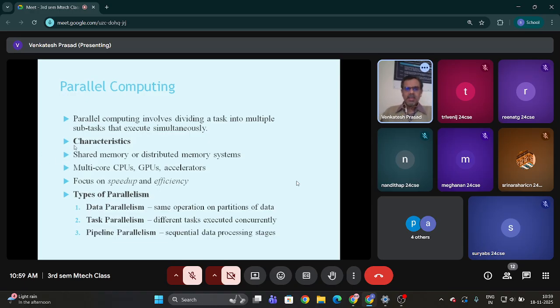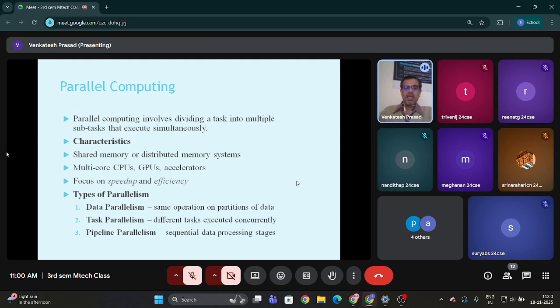So where CPUs cannot meet the demand. And then the GPUs generally are manufactured by all these high-tech companies like Nvidia and other companies, right?